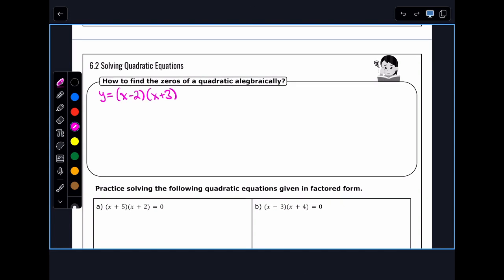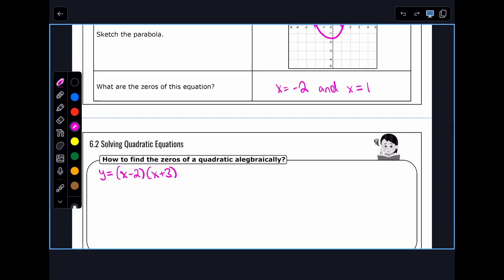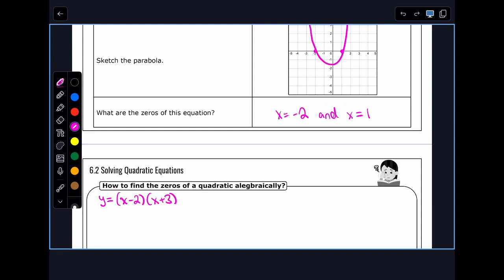So let's think. On our graph, we had the points at -2 and 1. What were the y values you saw? What was the right value in the coordinates at all times? You would see -2 comma what? 0, right? And remember, that was our y value.